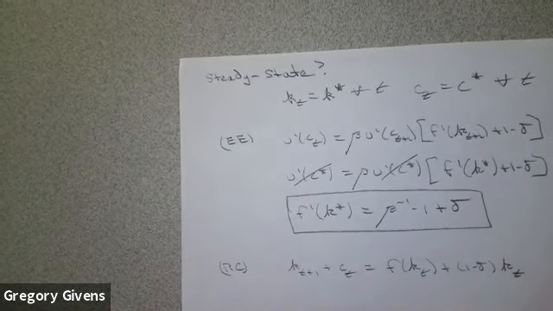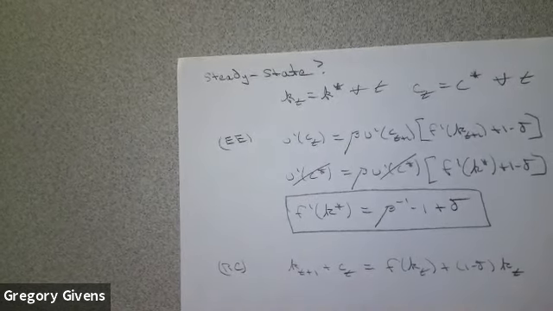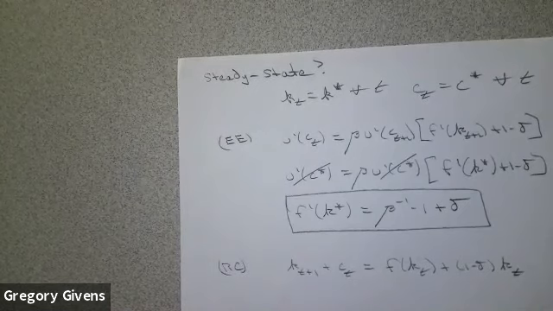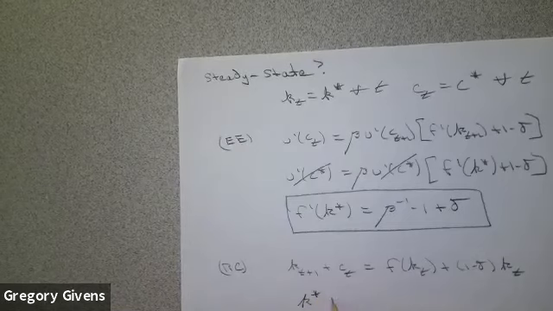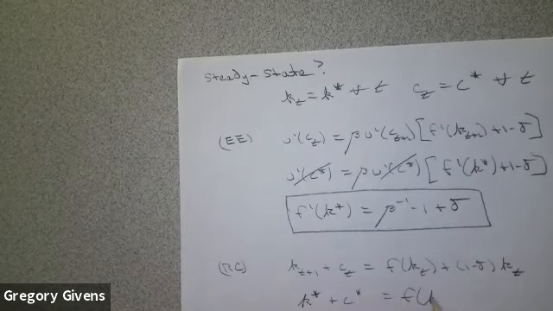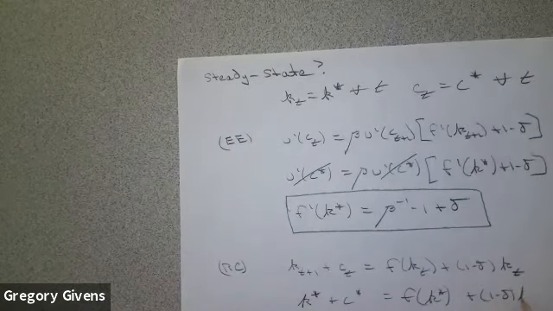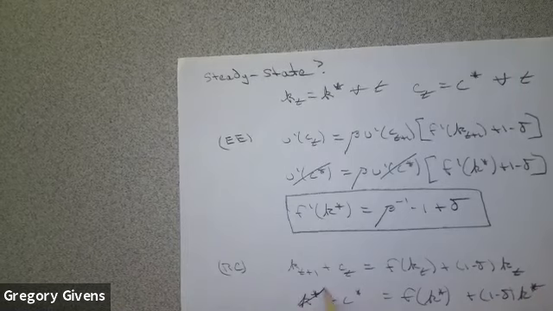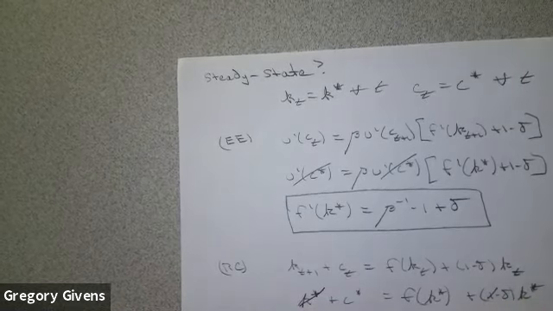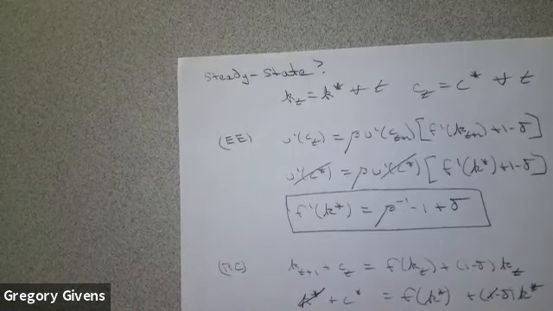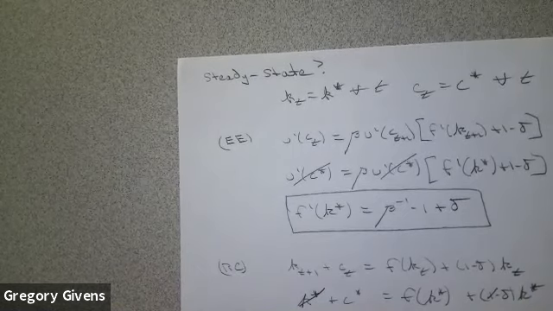That resource constraint has to hold forever, including in the steady state. So K star plus C star is equal to f(K star) + (1 - delta)K star. Cancel, cancel. C star is equal to f(K star) minus delta K star.